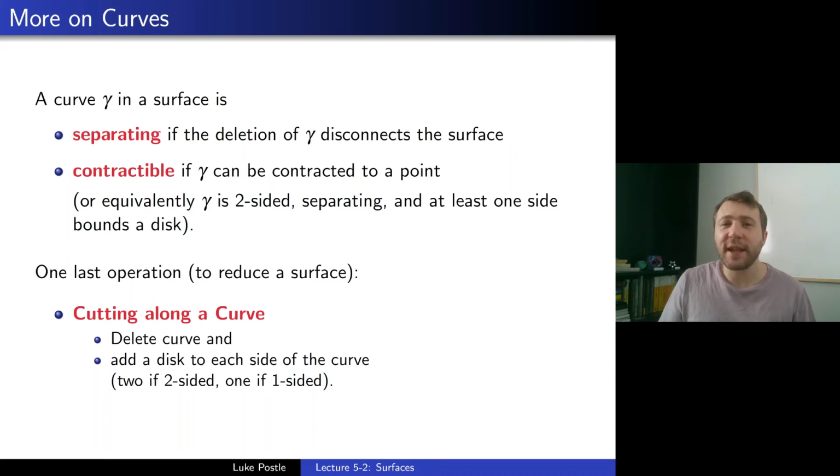So if it's two-sided, if it has left and right, we'll add a disk to the left side and a disk to the right side, and that'll cut it open. If it's a one-sided one, we just add one disk in, and it will essentially transform a cross cap into a disk, is what's going on there.